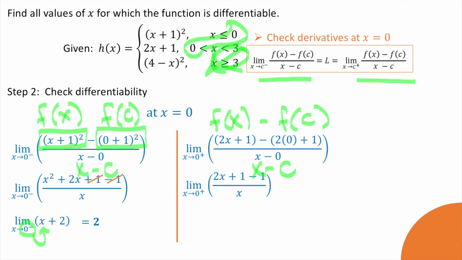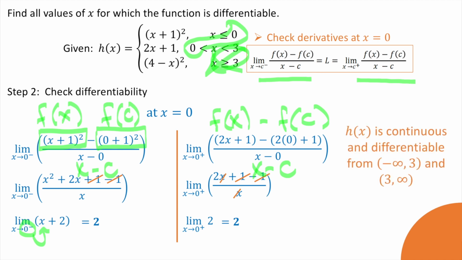Expand it, simplify it, and you get 2 again. So h of x is continuous and differentiable from negative infinity to 3 and then from 3 to infinity. And we know that from 3 to infinity is in play because this is just a smooth polynomial.